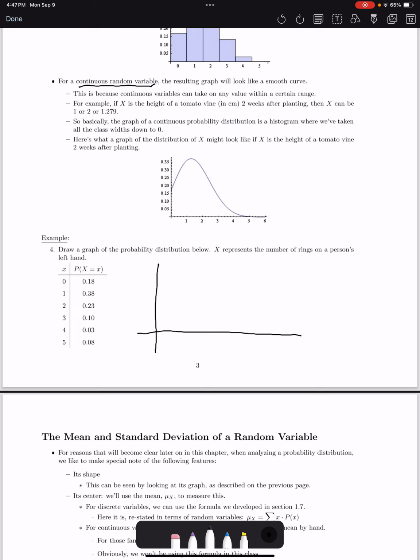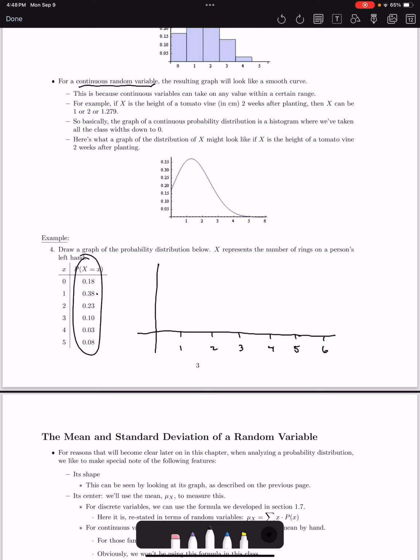Okay, so along the x-axis, we need to put x, right? So 0, 1, 2, 3, etc. 1, 2, 3, 4, 5. Let me give myself a little more space so that I have room to draw those bars. And then along the y-axis, I need to put the probabilities.